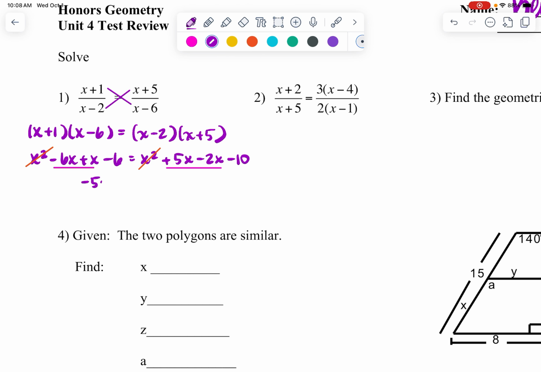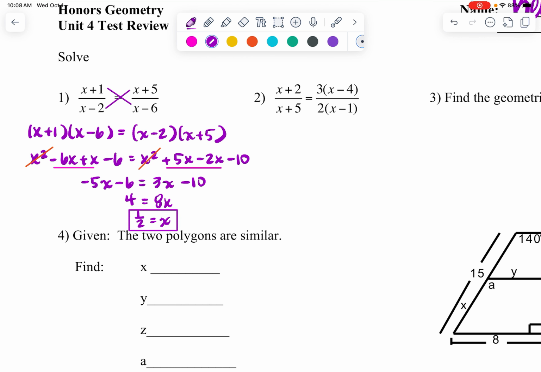So that's going to give us negative 5x minus 6 and then 3x and then bring that minus 10 down. All right, so I'm going to add my 5x's over and then I'm going to add my 10 over, which is going to give me 4. And then when I divide by 8, we're going to get 1/2.